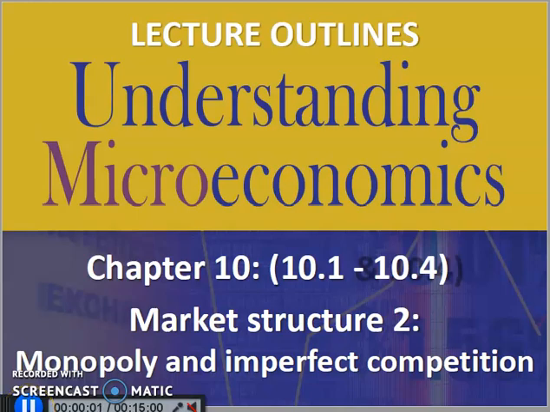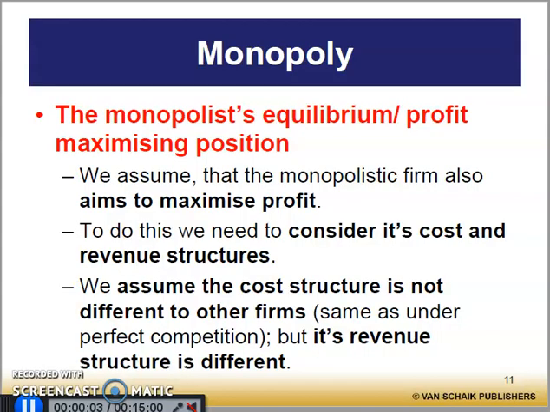Hi and welcome back. So in the previous video, we made the conclusion that with regards to equilibrium and profit maximization in the monopolistic structure, we assume that the monopolistic firm aims to maximize profit as well.